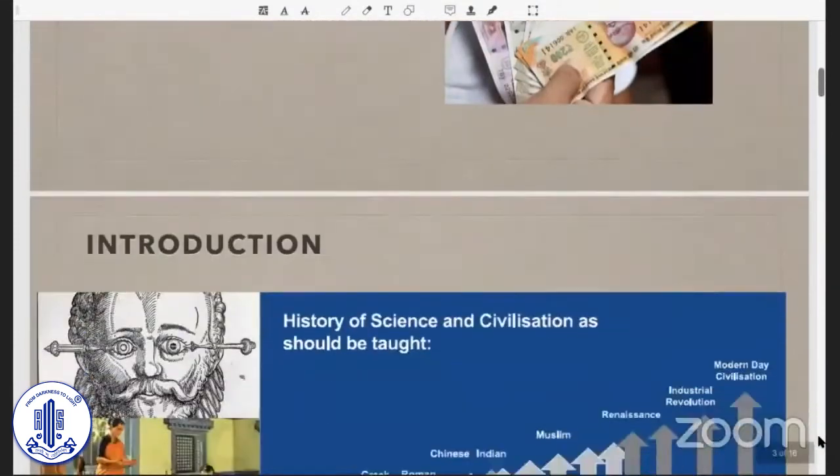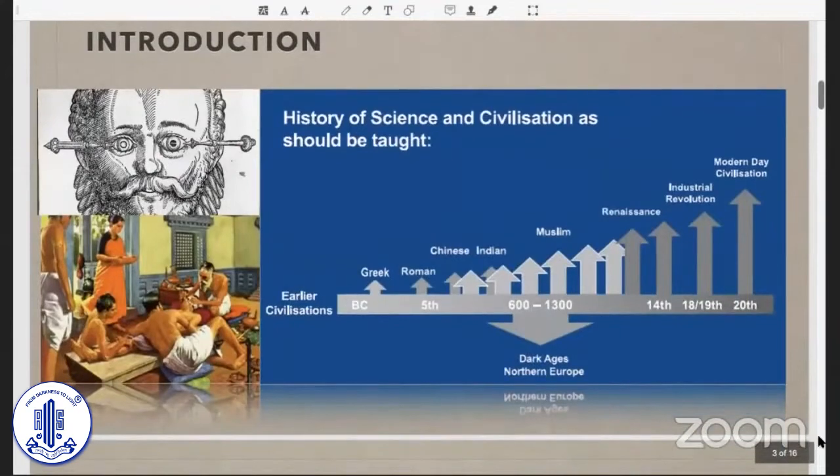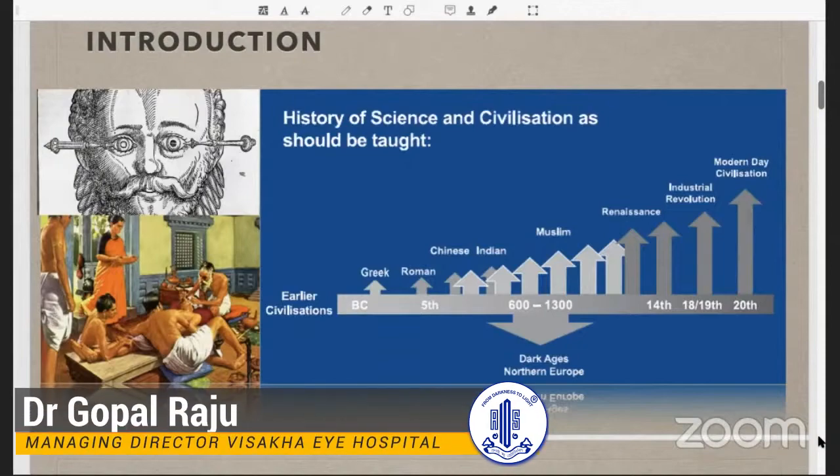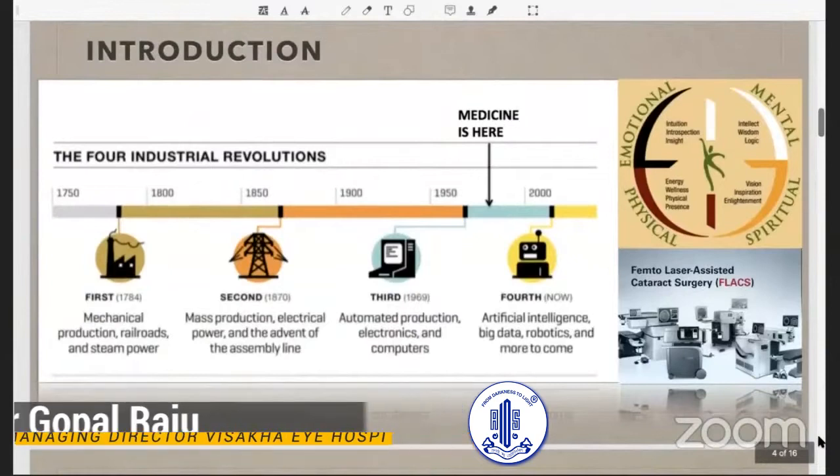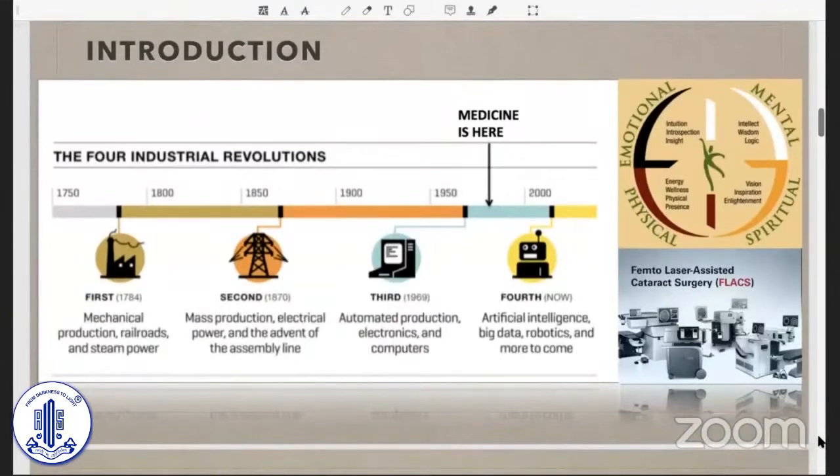Before going to the actual topic, if you see the evolution of science, it has evolved from the earlier civilization to modern day civilization. It passed through the industrial revolution, then the agricultural revolution, and then the IT revolution. Now we are in the modern revolution. If you divide the entire revolutions into generations, the first generation was the railroad, electricity and steam engine, then the second generation, then the third generation.